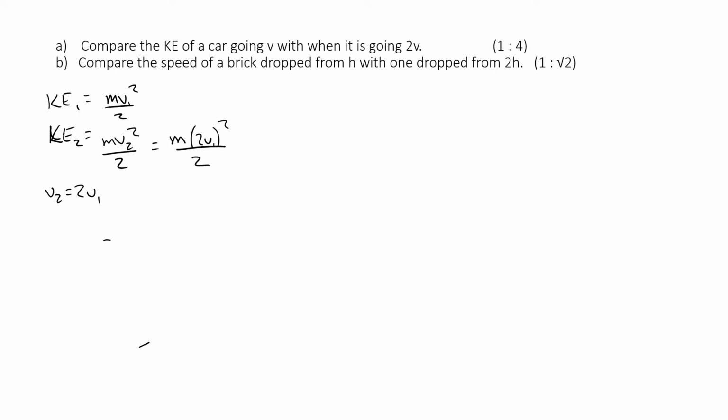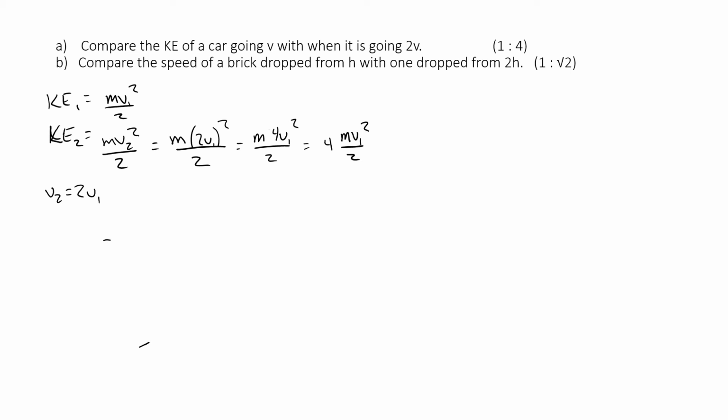Okay, and then we're going to simplify it a little bit more. We're going to square 2V1, because that's a quantity squared. So we would end up with M times 4V1 squared over 2. Because order of operations doesn't really matter here, we can pull that 4 out, meaning we just make it look like this, and be V1 squared over 2.